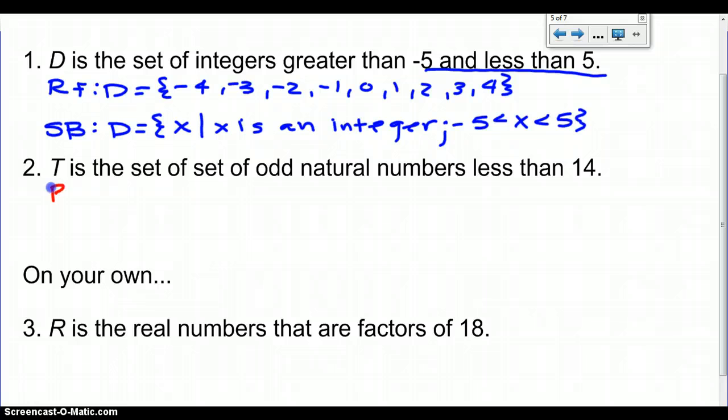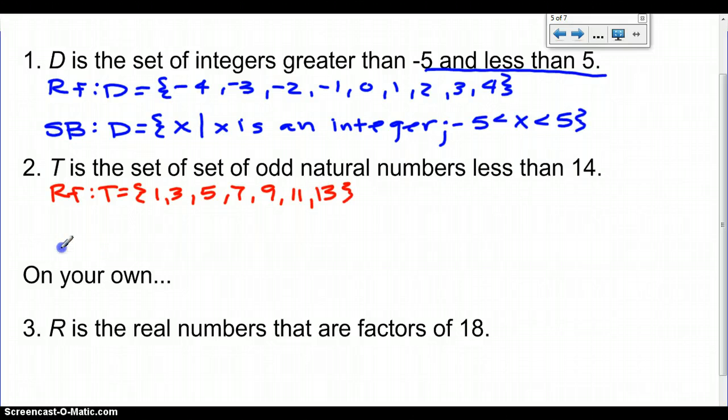So roster form, T is equal to a bracket, the set of odd natural numbers less than 14. Natural numbers start with 1 and are the counting numbers going up. So we're going to have 1, 3, 5, 7, 9, 11, and 13. And that is our roster form. So we're going to do our set builder.